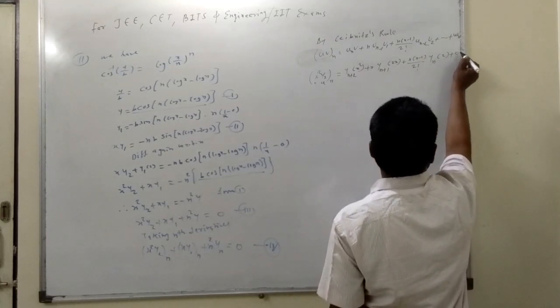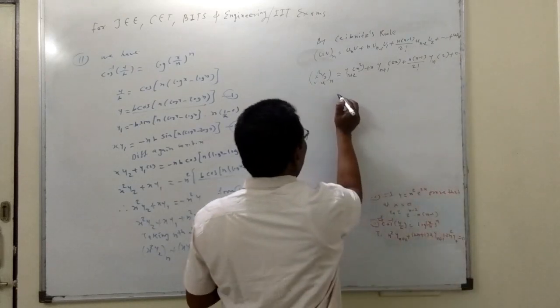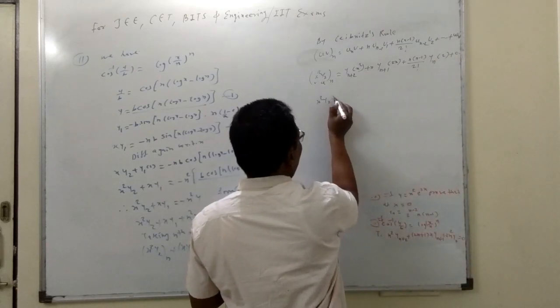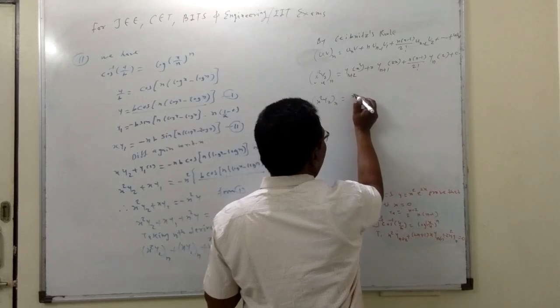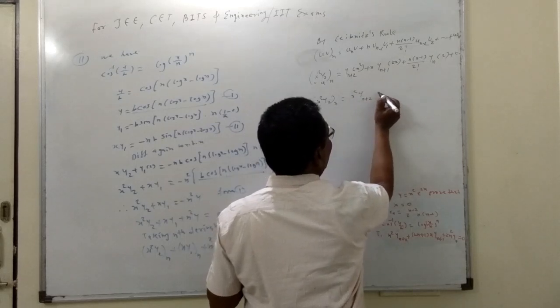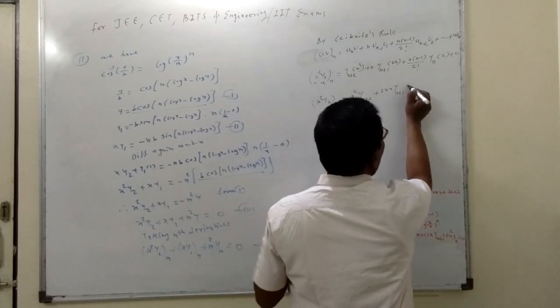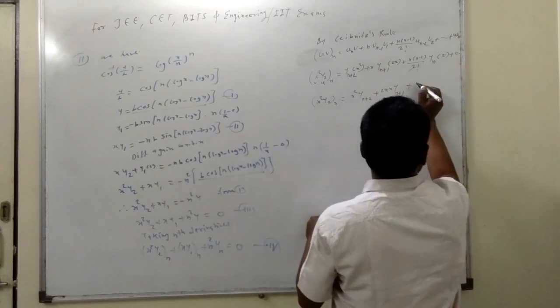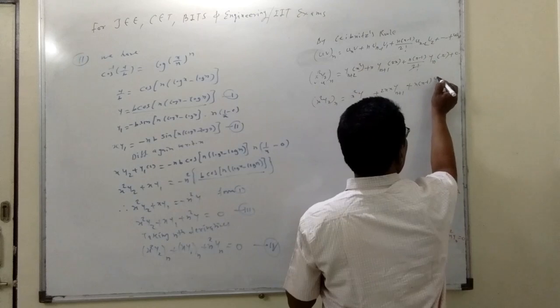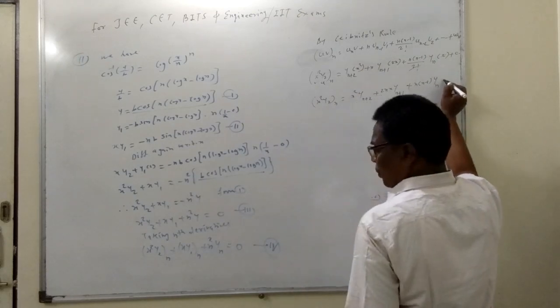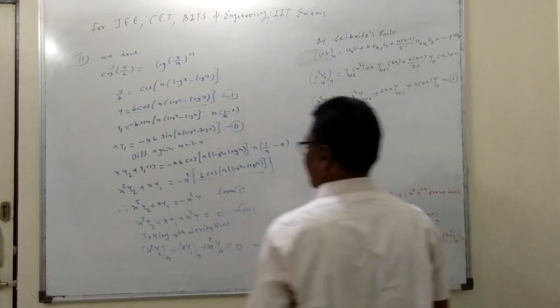Next derivatives are zeros and so on. So x square y2 nth derivative is equal to, we get x square yn plus 2 plus 2nx yn plus 1 plus, now 2 factorial 2 gets cancelled, so n(n minus 1) yn. Name this equation 5th.